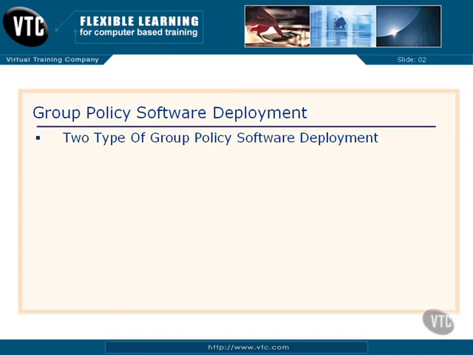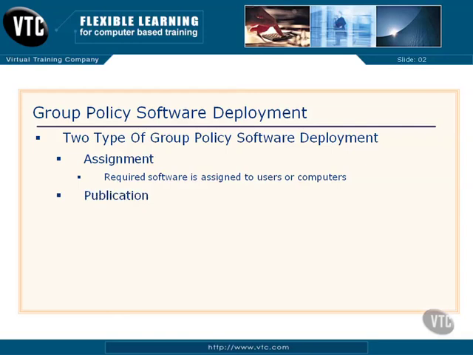So when we start talking about deploying software by using group policy, then there's two ways to do that. There's through something called assignment, and this is where the required software is assigned to certain users or computers. And then there's publication, where software that the users might need gets published or made available to them.